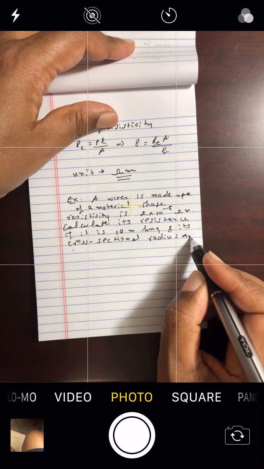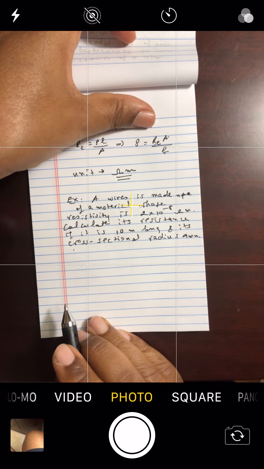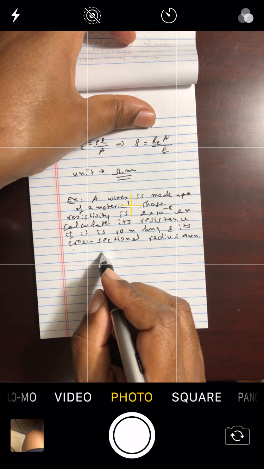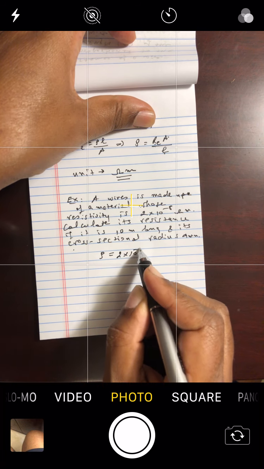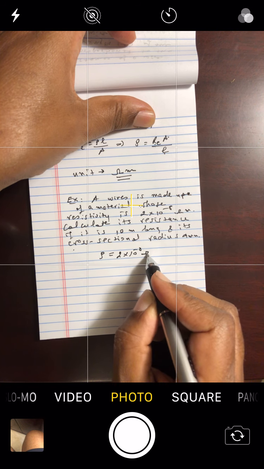So we're given the resistivity of the material from which it's made, 2 times 10 to the power of -8 ohm meter.